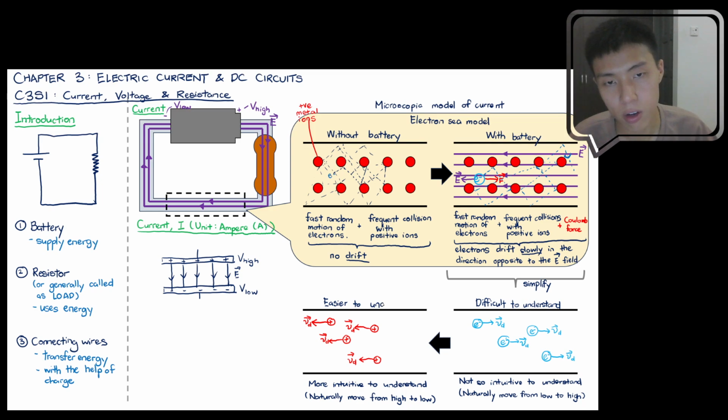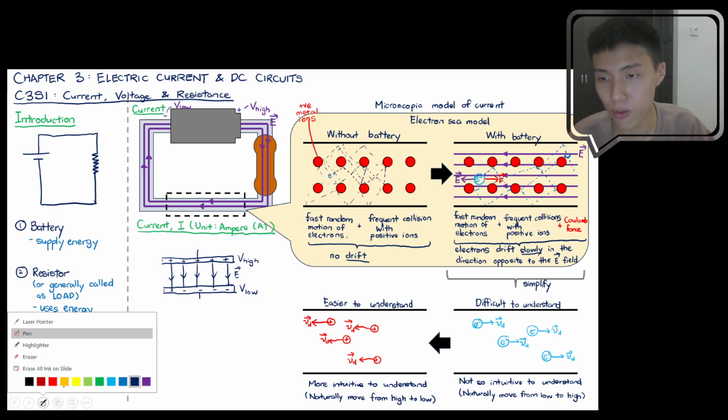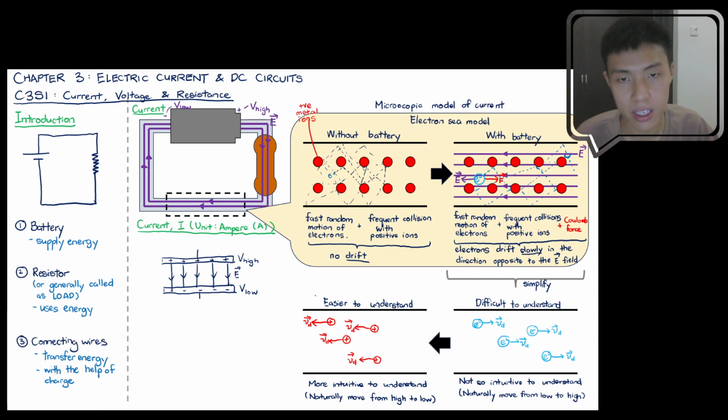The scientific community chooses to think of conventional current as positive charges that are moving. This is what we call the conventional current. It's just easier to understand if the charge that is flowing is actually a positive charge.